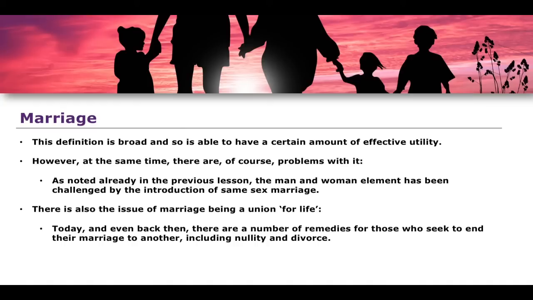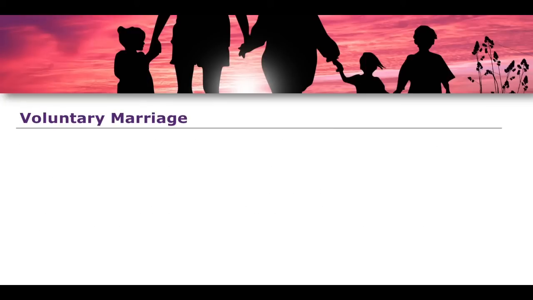Even in the Bible, there are various exceptions to marriage, which allow for a divorce procedure and a nullification of a marriage as well. So it is obviously the case that this idea of union for life has always stood on tricky ground. We will get to what this means in future lessons, though.